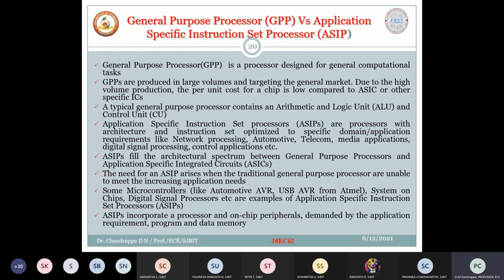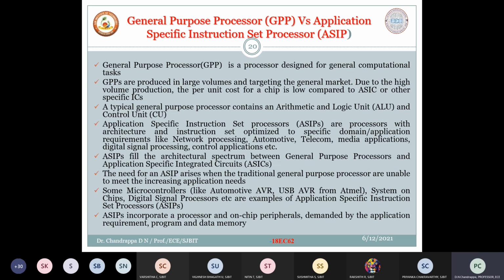In a general purpose processor, there is only ALU and control and some registers. But in an application specific processor, we can use some set of instructions to optimize specific applications. But a general purpose processor is only for general applications, not a specific application.